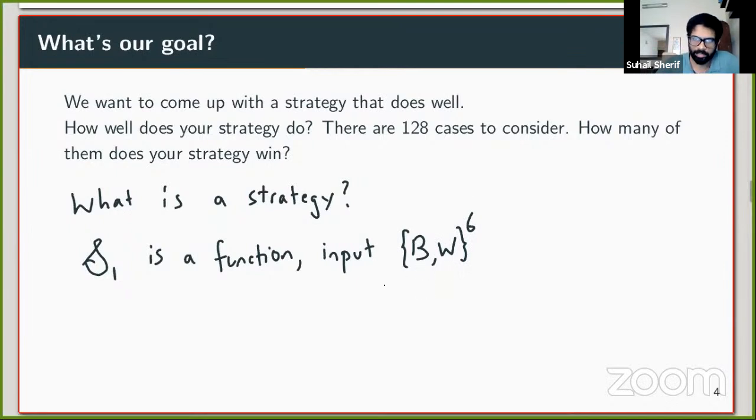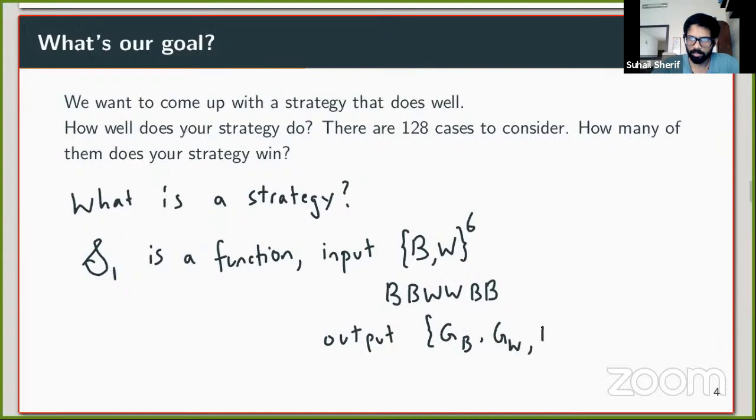For example, this string means player 2 has black, player 3 has black, player 4 has white, player 5 has white, and players 6 and 7 have black. And its output is one of guess black, guess white, or pass.